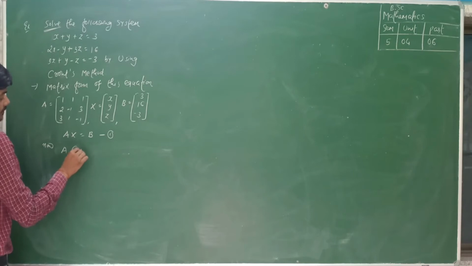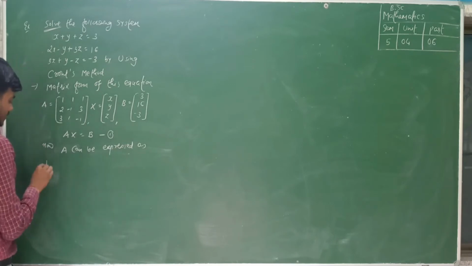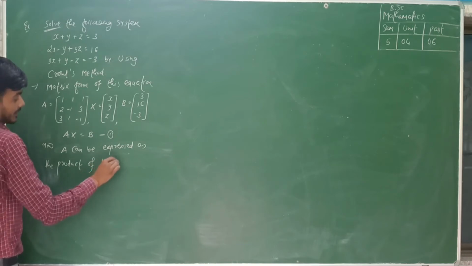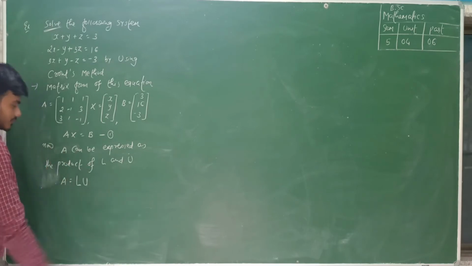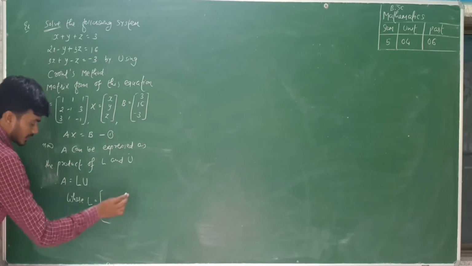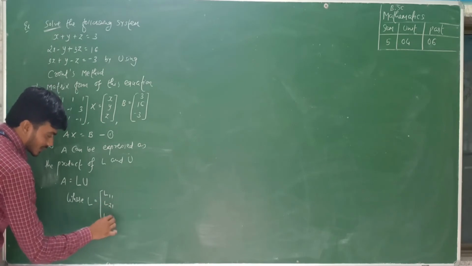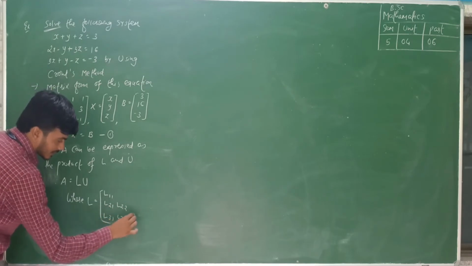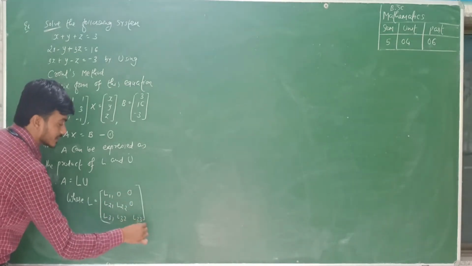Now, A can be expressed as the product of L and U. So A is equal to LU. L is lower triangular: L11, L21, L31, then L22, L32 and L33, and these three elements are 0.